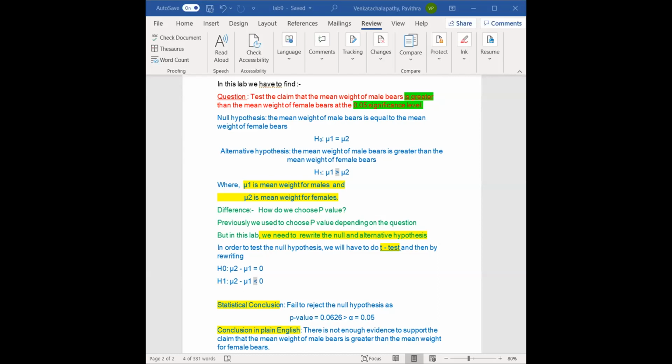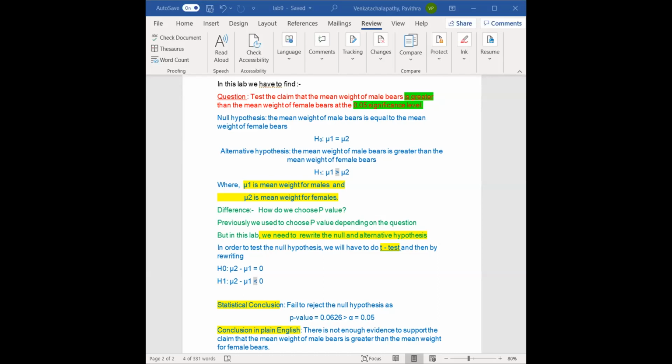So for n greater than 30, it is normally distributed, and for n less than 30, the female bears are also normally distributed, hence the test is valid. That is how you conclude the validity of the test, and then find your p-value.